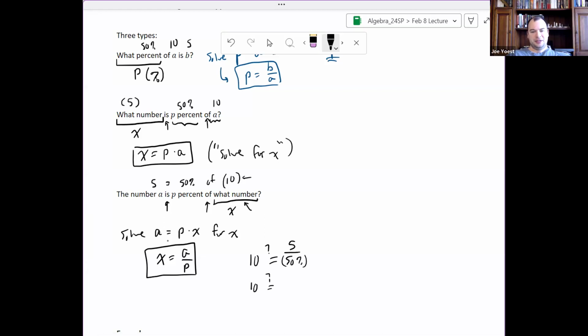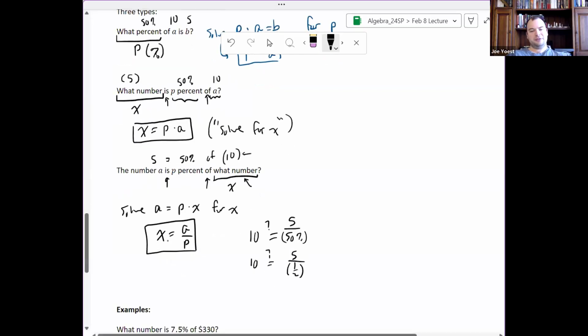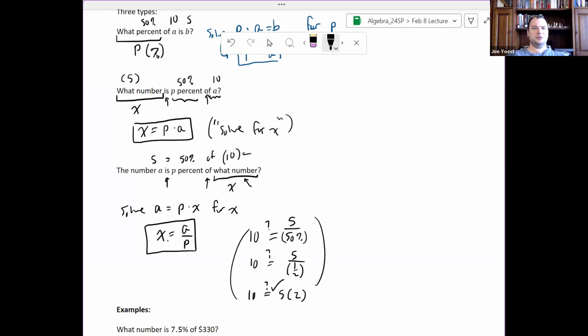Or 5 over, well, I know 50% is just 1/2. And if I have a fraction in the denominator, I invert and multiply. 5 times 2 is indeed 10. So this does mesh with that special case I chose.